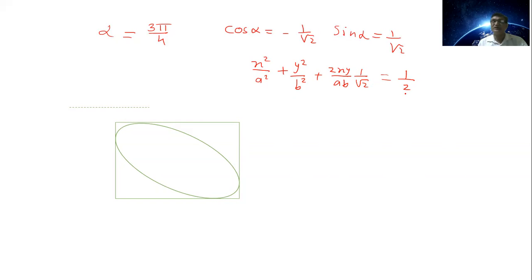We can square this equation. Again here we get 2x square upon a square plus 2y square upon b square plus 2 root 2 xy upon ab is equal to 1.